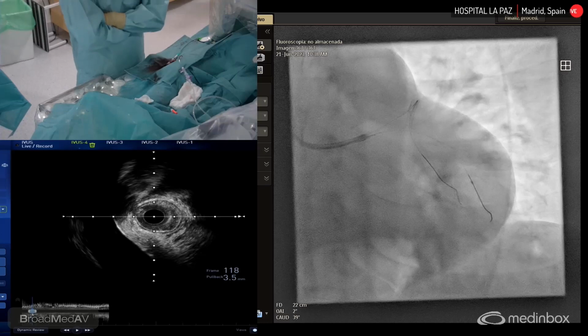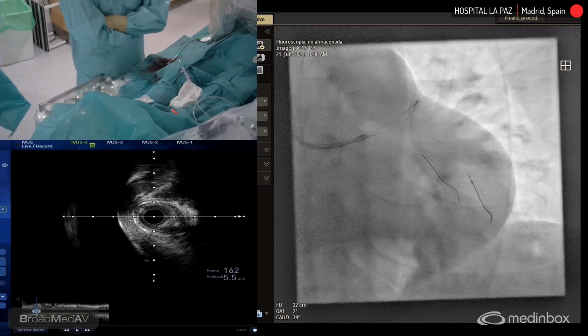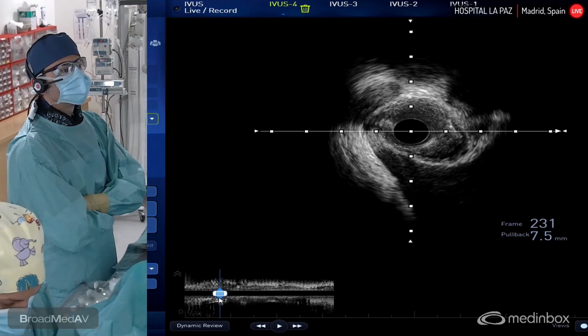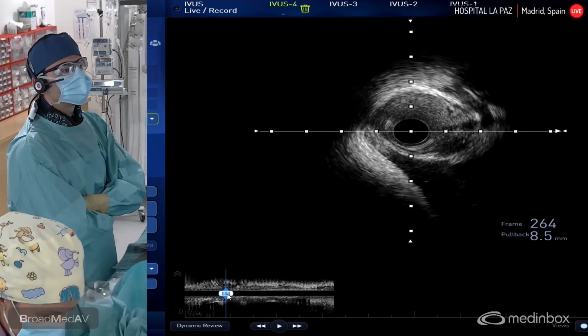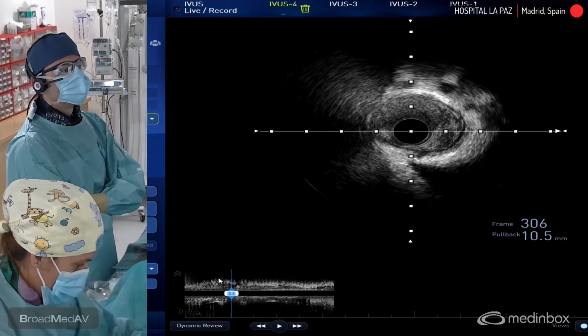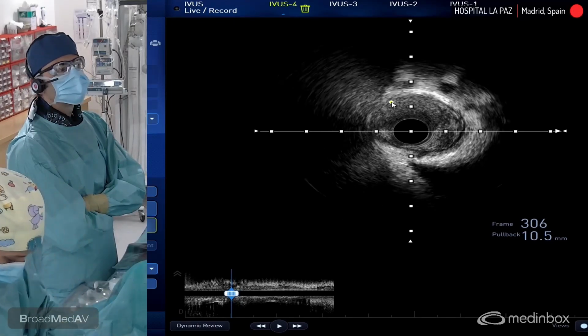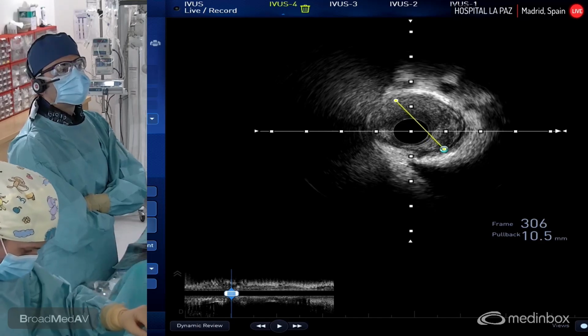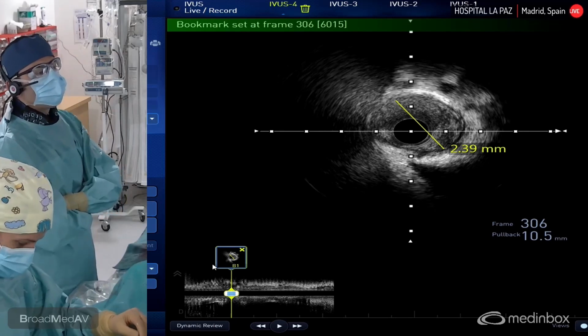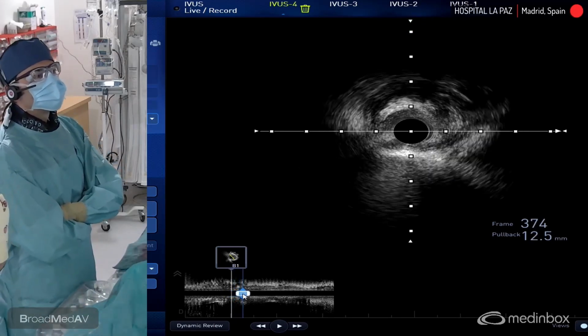Go proximal, probably when you see the structure, okay. Probably there you can measure a line to see the reference diameter. 2.25, 2.5, okay. And now the proximal one.